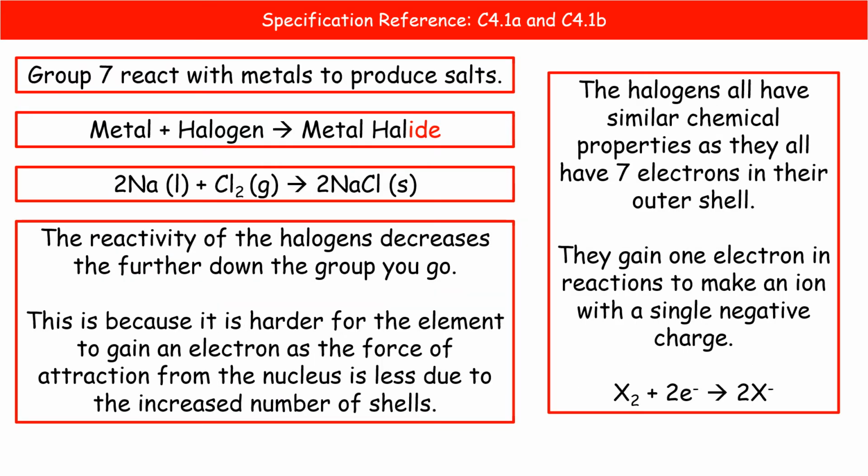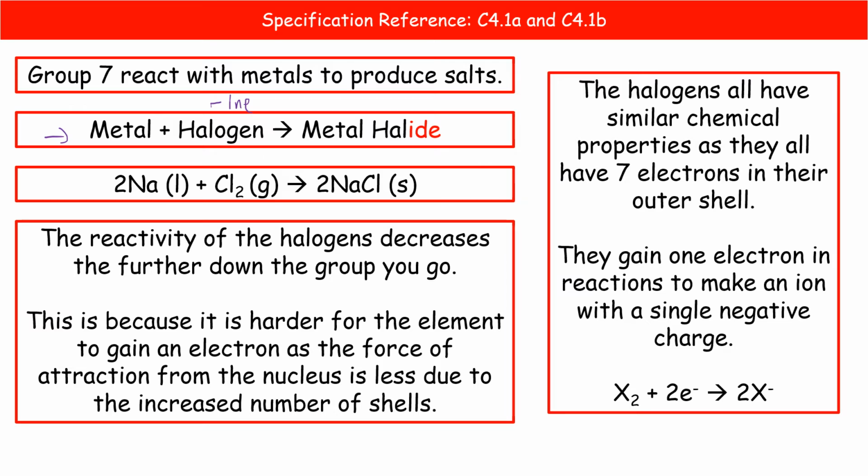Let's take a look at some of these reactions then. First one, Group 7 react with metals to produce a salt. We have got our general word equation here. Metal plus halogen makes the metal halide. Key thing when we're writing these word equations is if we've got a halogen on its own, it always ends in INE. So halogen on its own is INE.